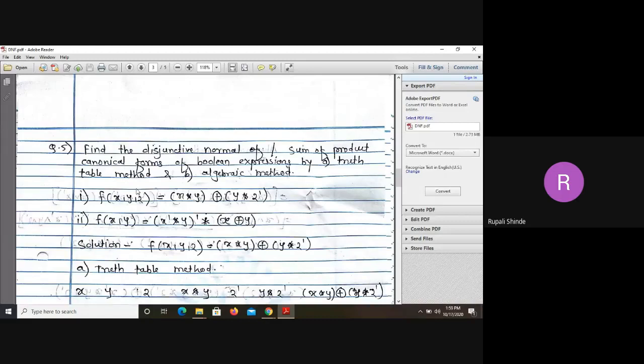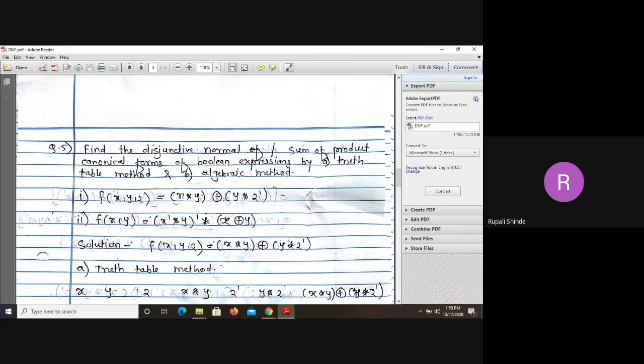Okay. So this question is given, and here we have to find the expression, that is sum of product form or disjunctive normal form, using two methods: first by using the truth table, and second by using the algebraic method.